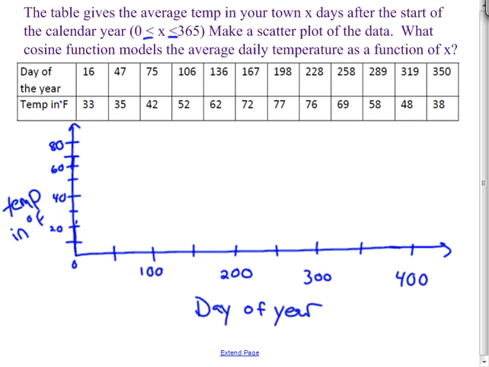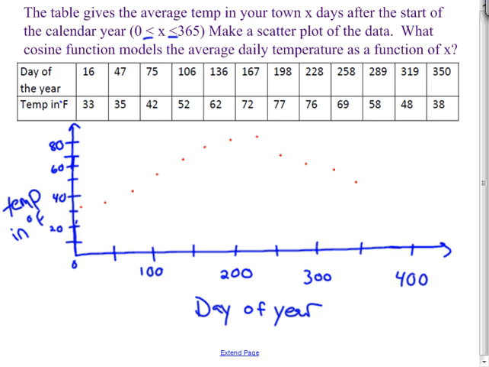Now I'm going to have to put my points on because I'm going to make a scatter plot. So I'm just going to plot each of these points along the way, keeping in mind by no means are these perfect. These are actually representative of this specific case. So if you notice, this is a nice trig function. There's a nice curve up, and it curves back down.